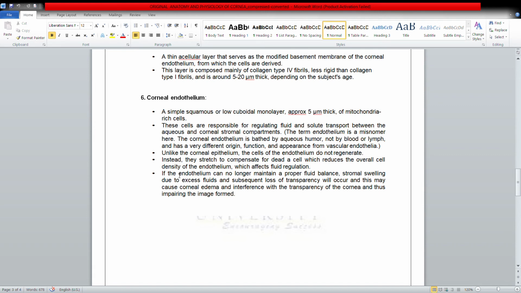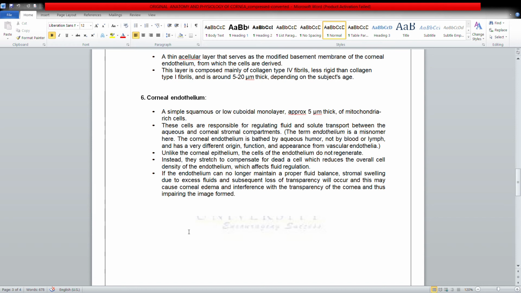Unlike the corneal epithelium, the cells of the endothelium do not regenerate. Instead, they stretch to compensate for a dead cell, which reduces the overall cell density of the endothelium, which affects fluid regulation.